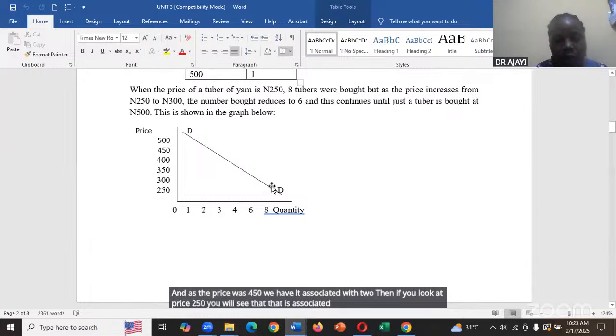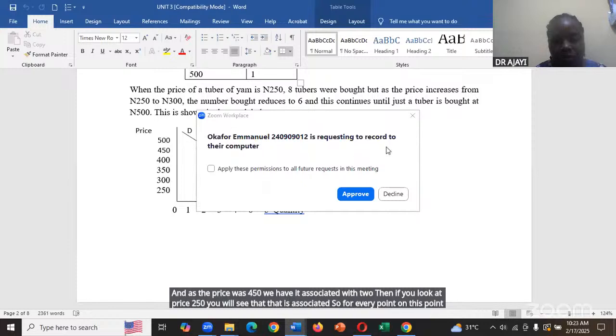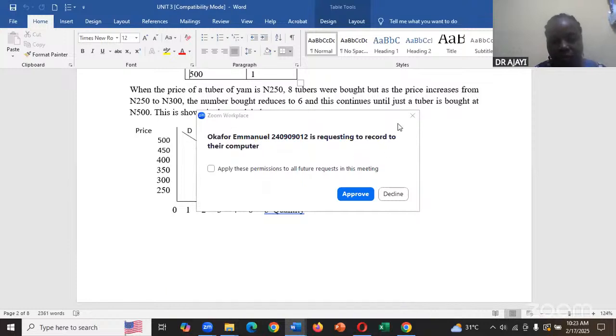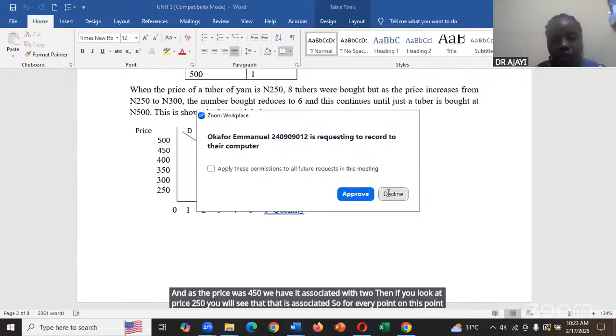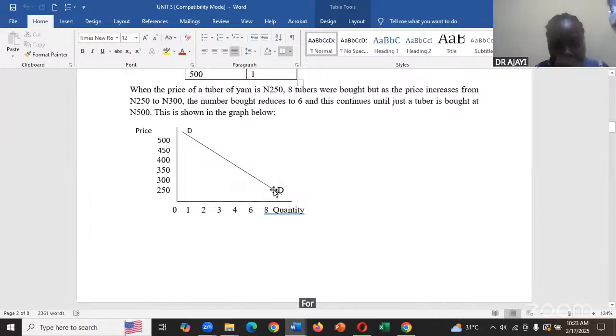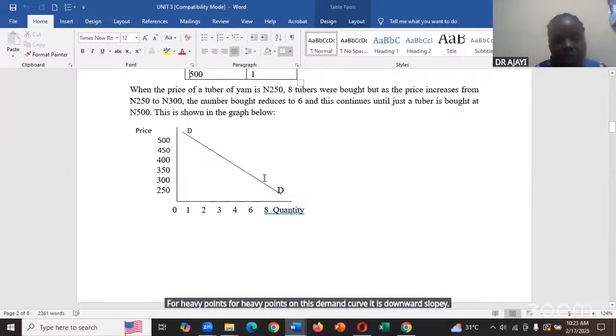So for every point on this demand curve, it is downward sloping, and it indicates that we have high price, low quantity, and low price, high quantity.